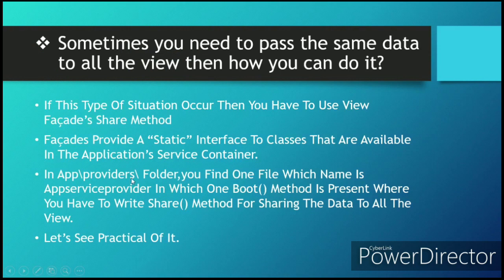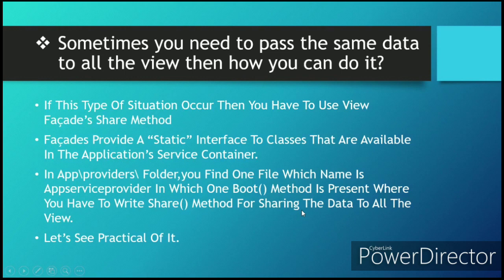So the next question, which is a most important question, is that sometimes you need to pass the same data to all the views. Then how can you do it? For that, if this type of situation occurs, then you have to use the View facade share method.